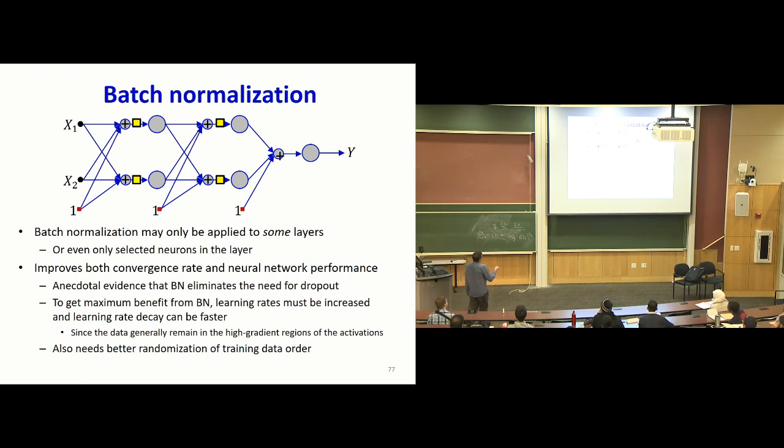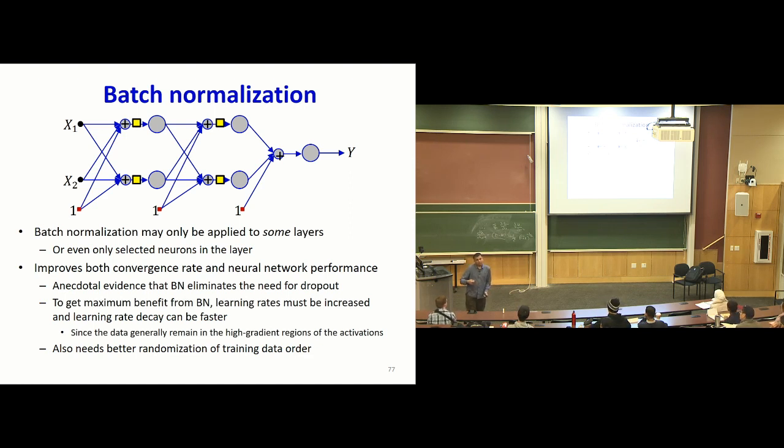Now, batch normalization improves convergence rate and neural network performance. And there's anecdotal evidence that if you use batch norm, then you don't really want to be using dropout. One of the things that batch norm does is that within each batch for each neuron, it moves the data to where the activation, if you're using a sigmoid, is most linear, because you're moving it to the 0 position, right?